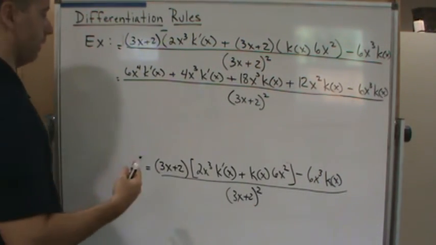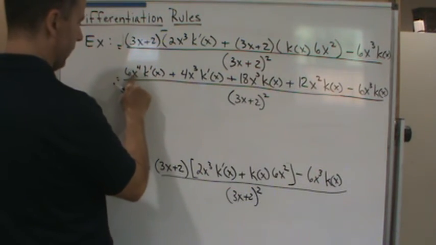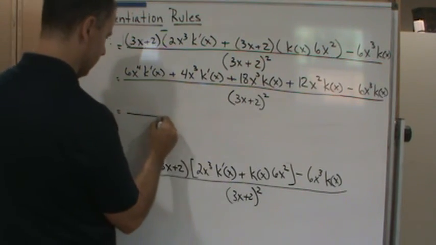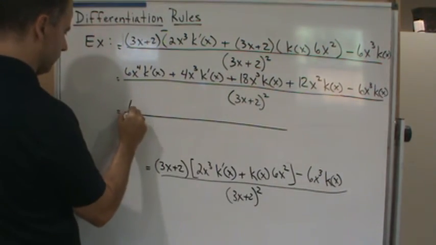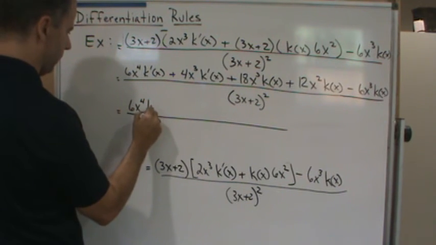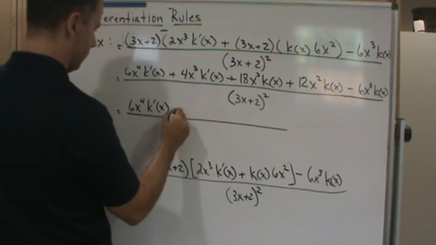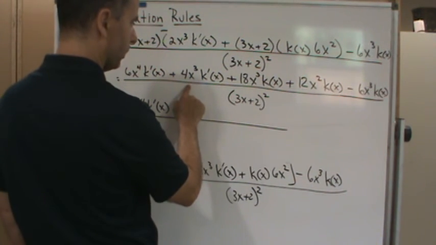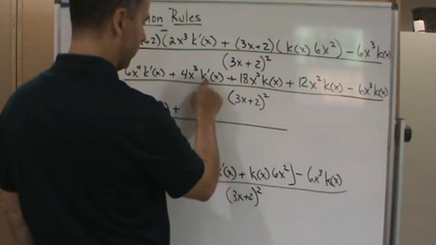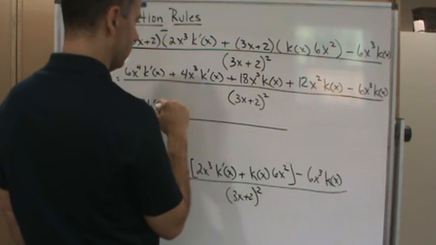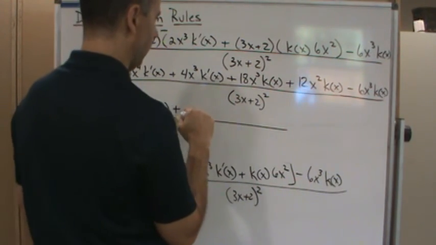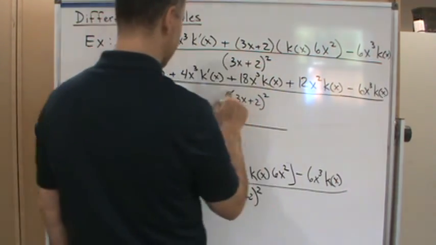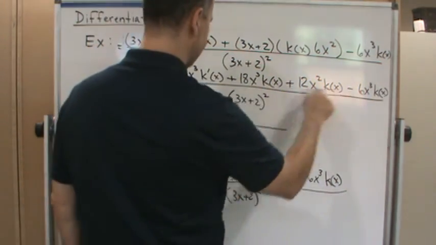Okay, so now we're going to combine like terms. So we've got x to the fourth, we don't have another x to the fourth, so that's not going to simplify. Okay, so we've got 6x to the fourth, k prime of x, plus, now we've got 4x cubed. We've got x cubed here, but these don't match. Oh, here we go. We've got an x cubed times k of x, so we can combine these.